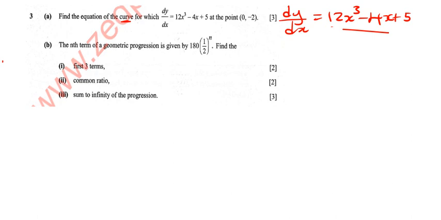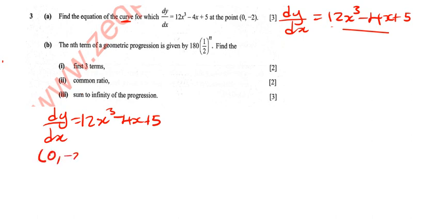So first of all, you have been given the equation, which is dy over dx is equal to 12x to the power 3 minus 4x plus 5 there. And then you have been given the point, at the point which is 0 comma negative 2. You know that this is x and this is y. Now how do we integrate?